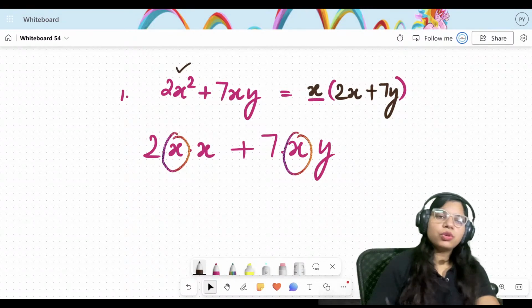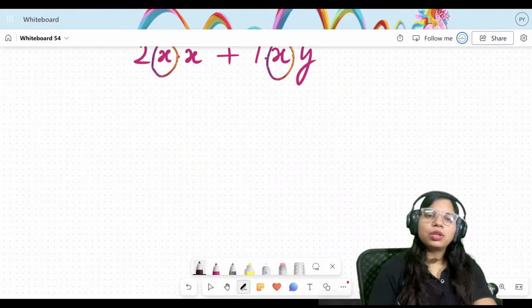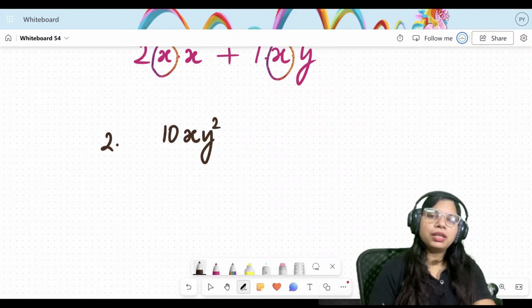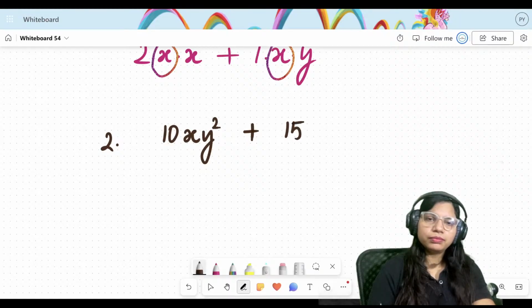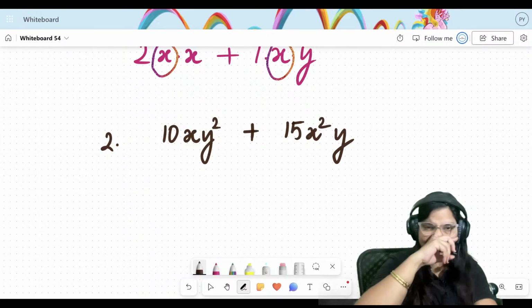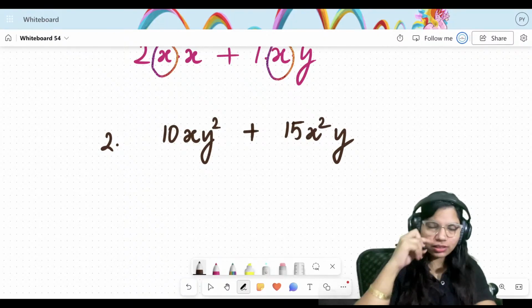Now, if I give you another question, question number 2, if I say 10xy squared plus 15x squared y. Okay, a little tricky, very little.